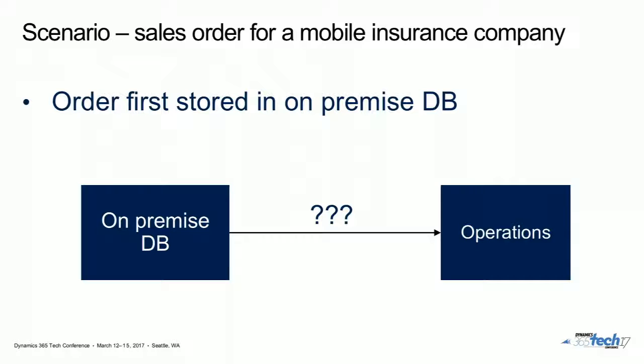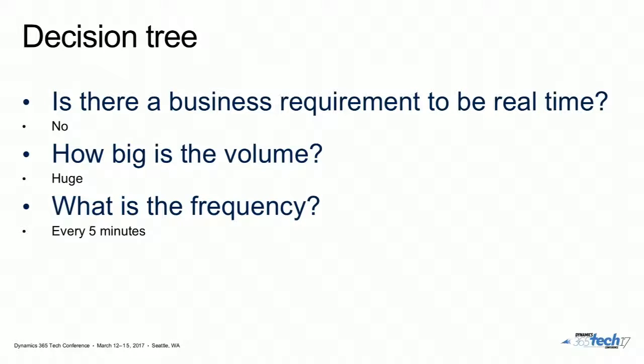Async, okay. Yeah, so when we spoke to the business, they said all our order taking and everything can be done in their on-prem solution. So there was no real requirement that it had to be synchronous.